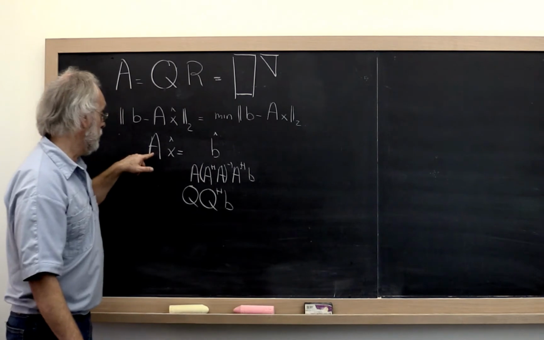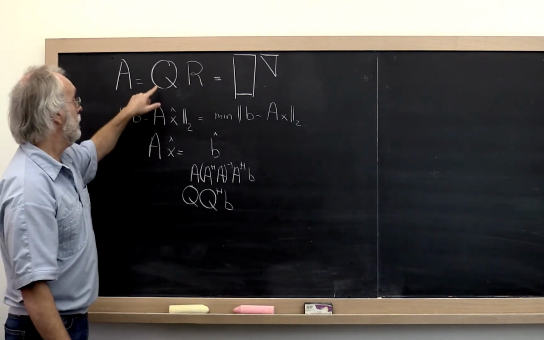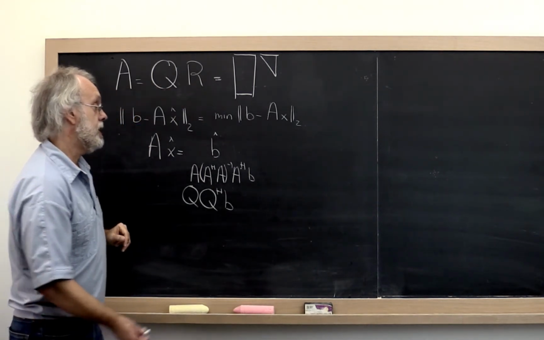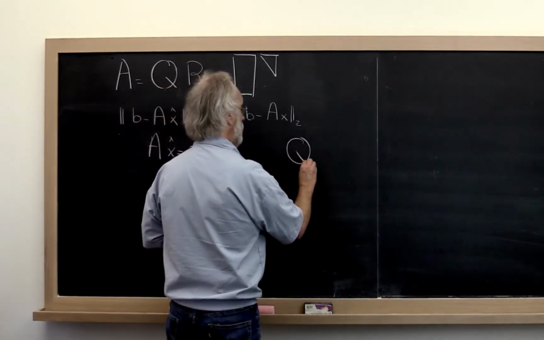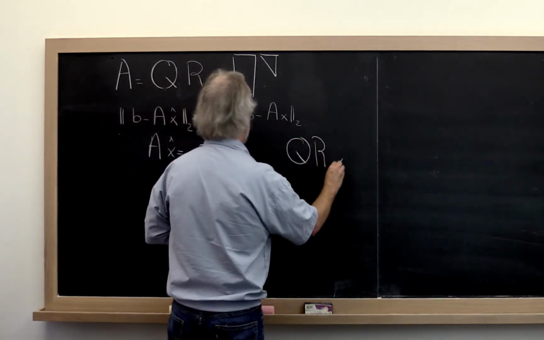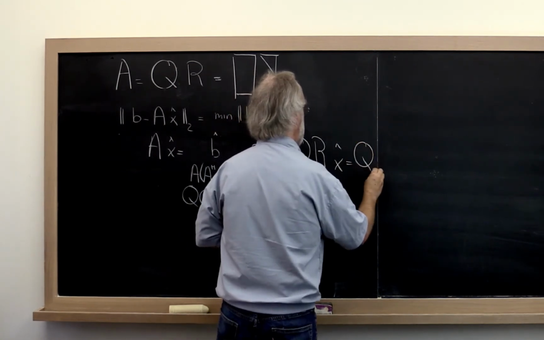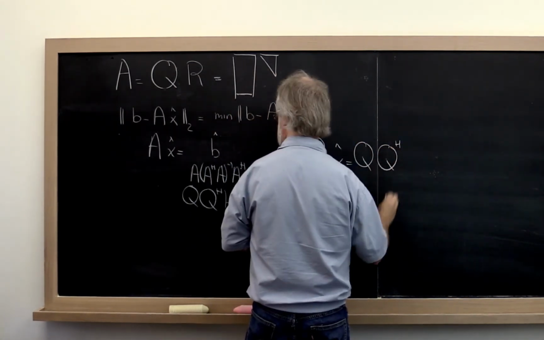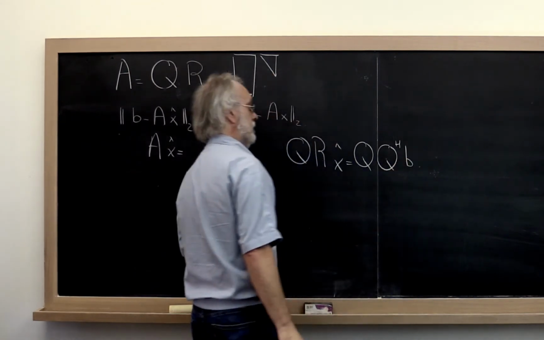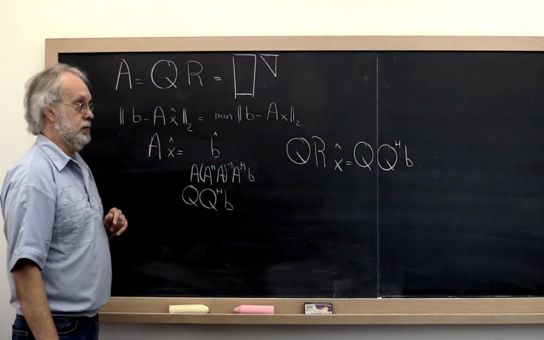Now, we can then also replace A by Q times R, and what we find is that Q times R times x hat is equal to Q times Q Hermitian times b. Okay?